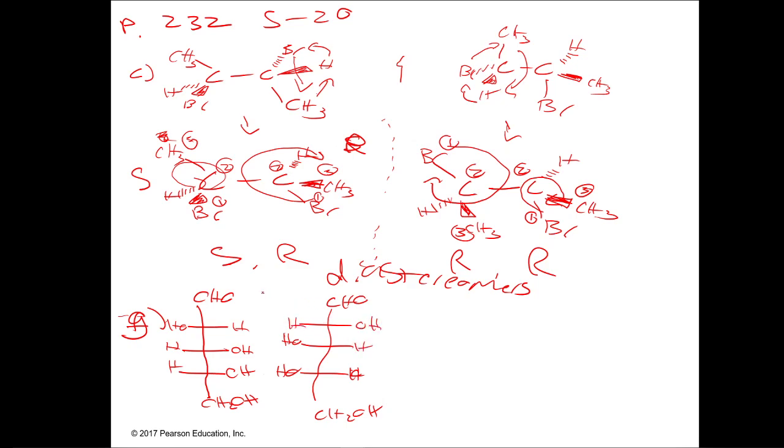Okay, so if you look at these, you can see this is a mirror image. Okay, so these are most likely enantiomers. Okay, but let's go ahead and do the work, put the work in. So here, 1, 2, 3. This is S. For this guy, we've got 1, and then 2, and then 3.